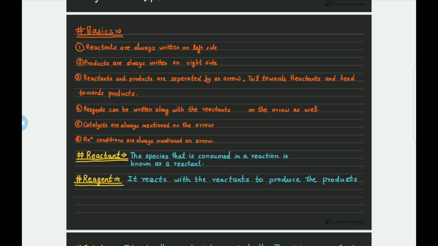First, the reactants are always written on the left side. Second, products are always written on the right side. Third, reactants and products are separated by an arrow, tail towards reactants and head towards products. Fourth, reagent can be written along with the reactants or on the arrow as well.